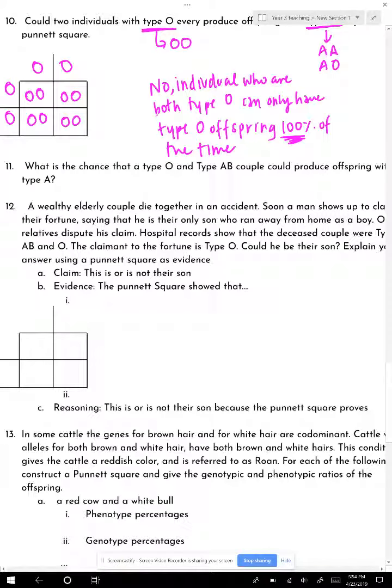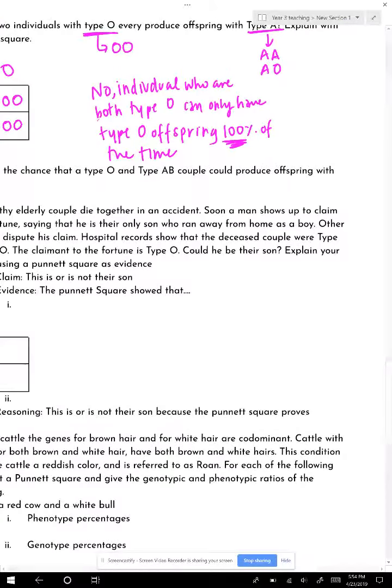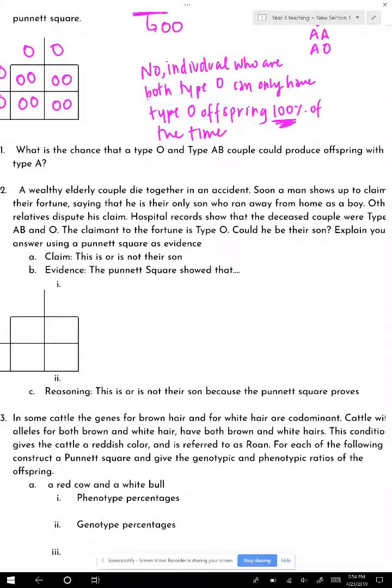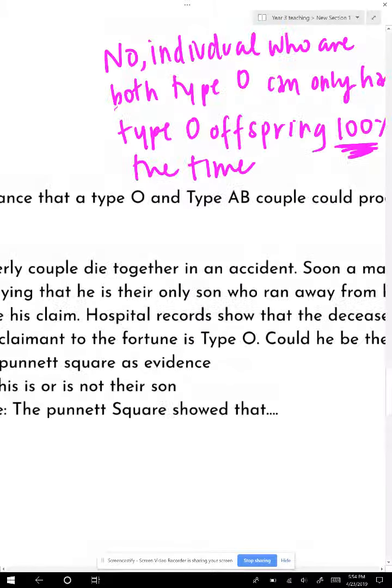Is there a chance that a type O and a type AB couple could produce offspring with type A? So if you're type O, right? Let me zoom in so I can make a Punnett square. So I have OO and I have AB, right? So AO, AO, BO, and BO.